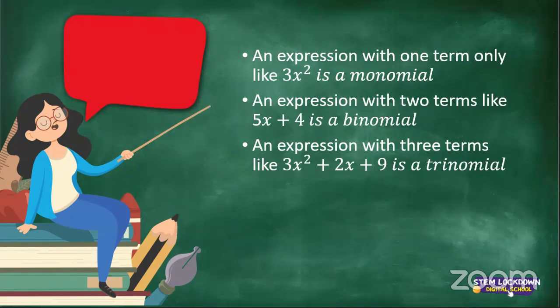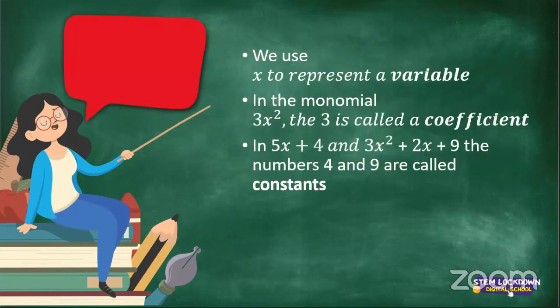Just like we did in our example here. And what is also important, you need to check your variables. X usually represents your variable. And in the monomial, 3x squared, 3 is called the coefficient. So the coefficient is always on the left-hand side of the variable. So there we are. You have 3 there as your coefficient.